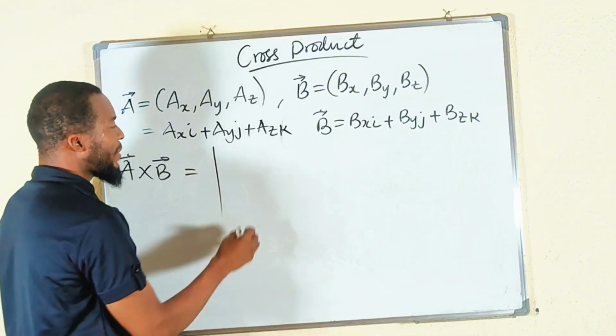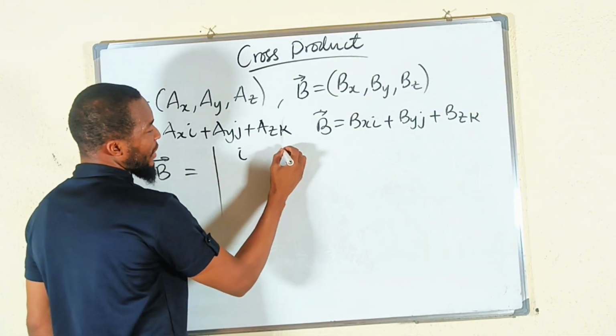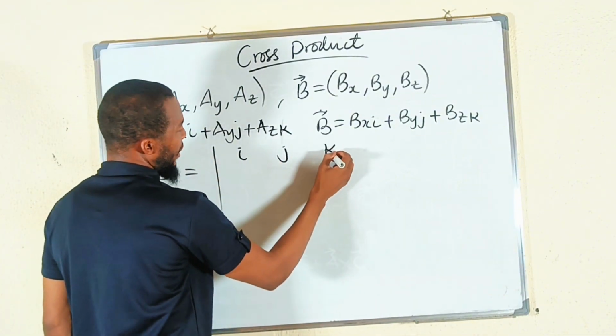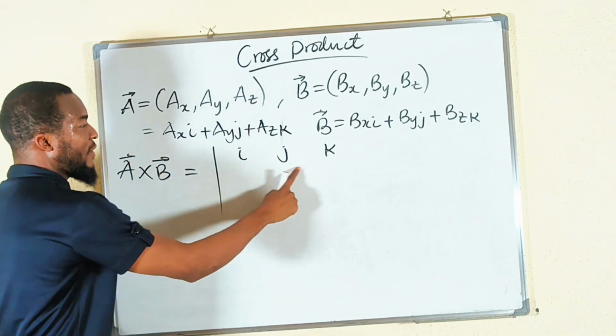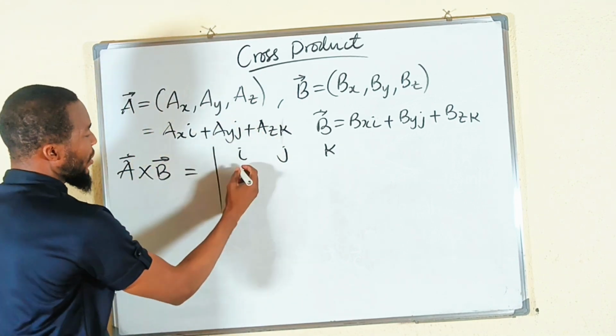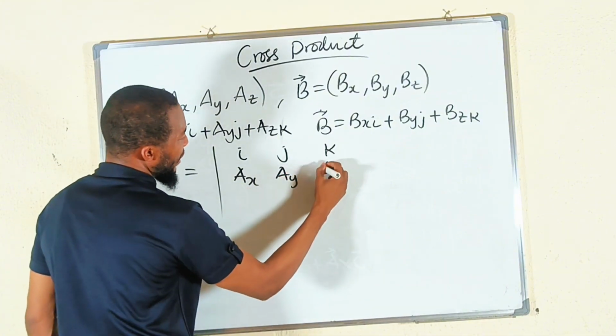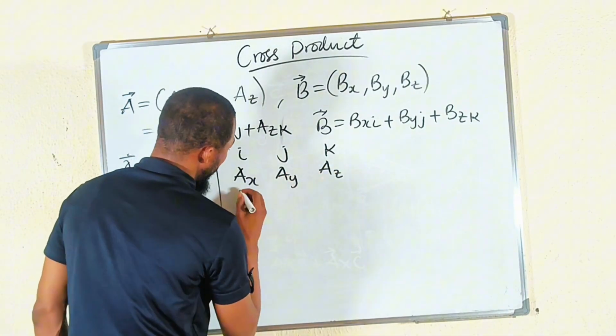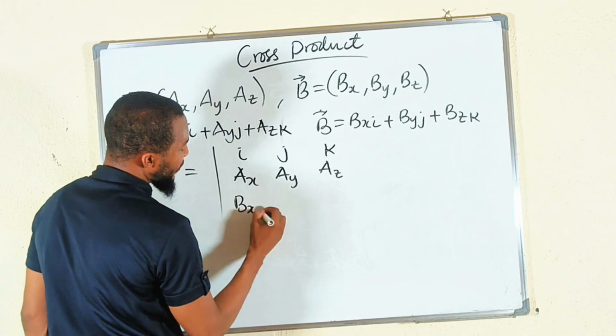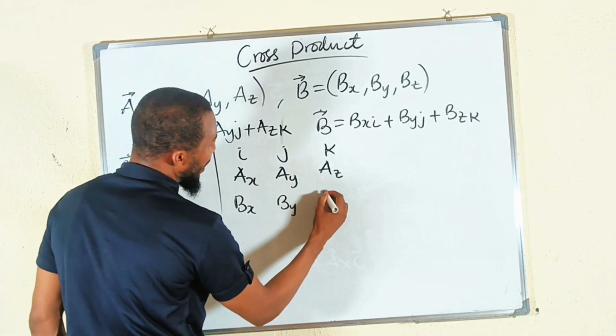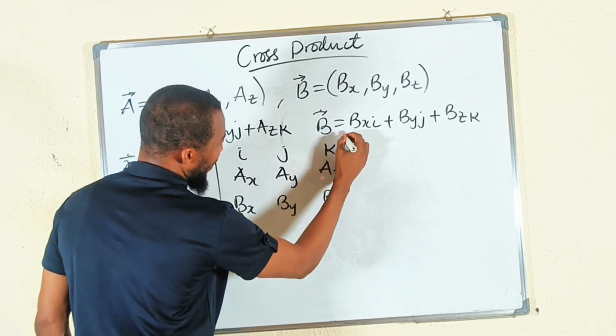You have to find the determinant of i, j, k. Then you should list the components for A. We have A sub x, A sub y, and A sub z here. Then B sub x, B sub y, and B sub z over here.